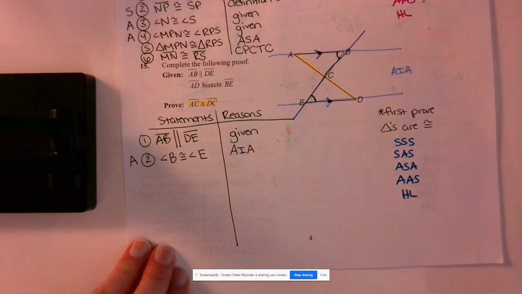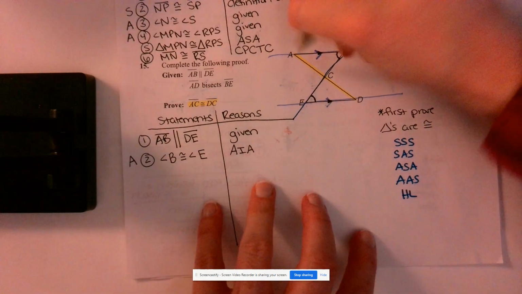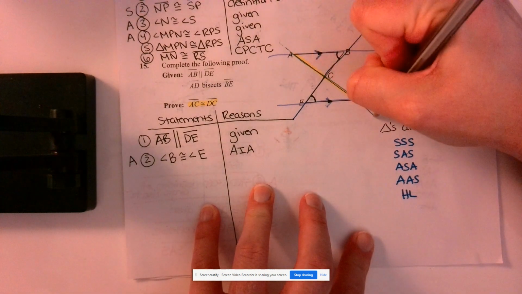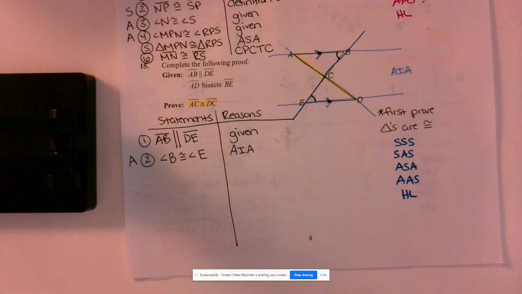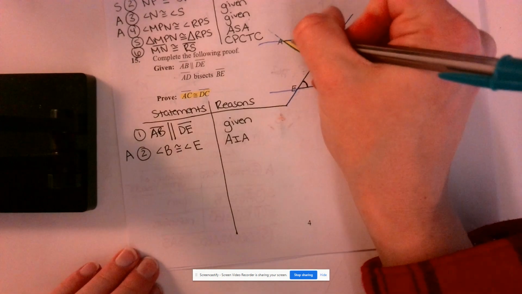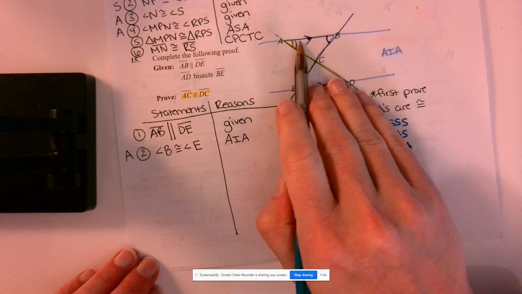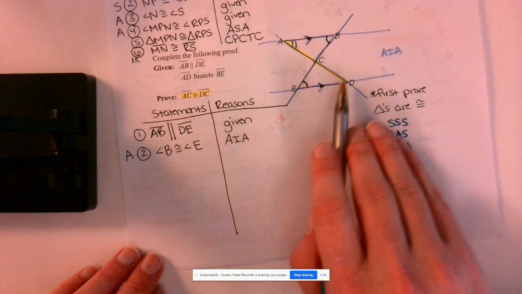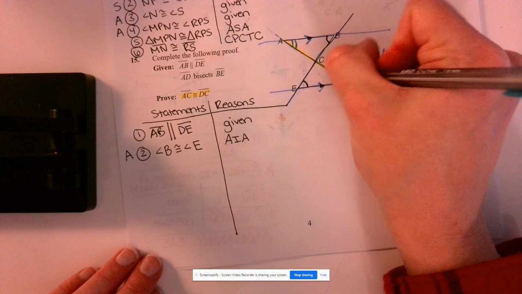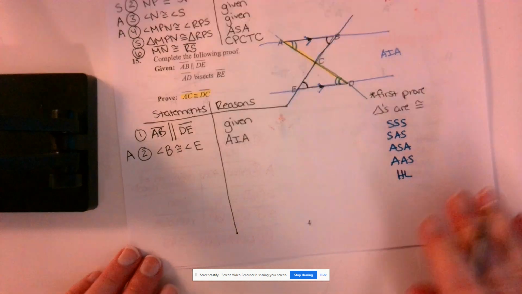Let's look at this transversal now because we have this transversal that also cuts through the parallel lines. We want to see if we can find any alternate interior angles on that transversal. There is an angle formed here from the parallel line and the transversal. Its alternate interior angle pair would be here.